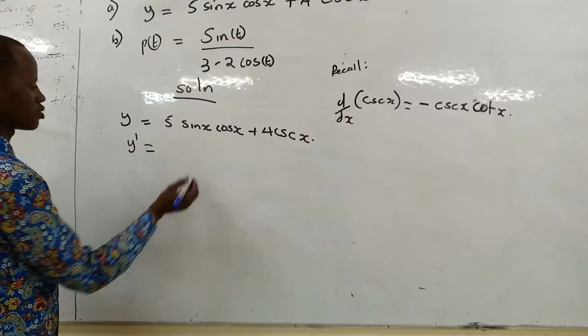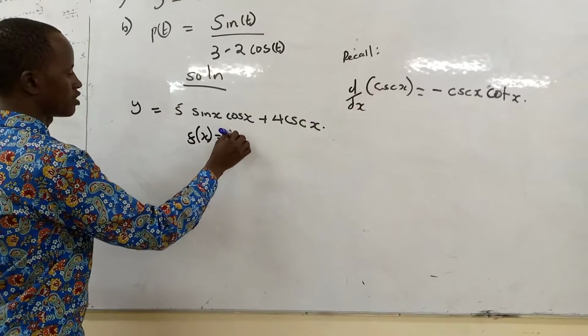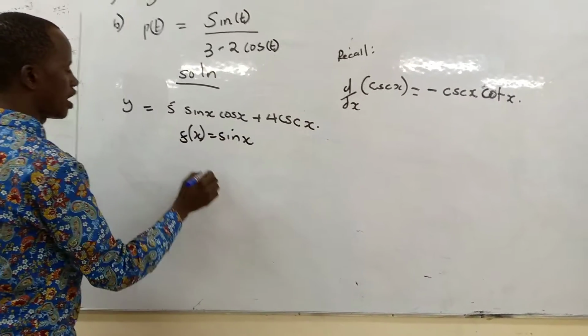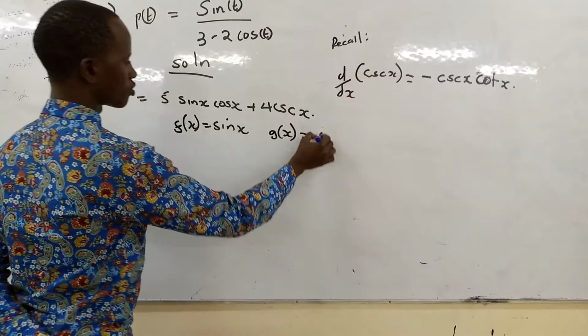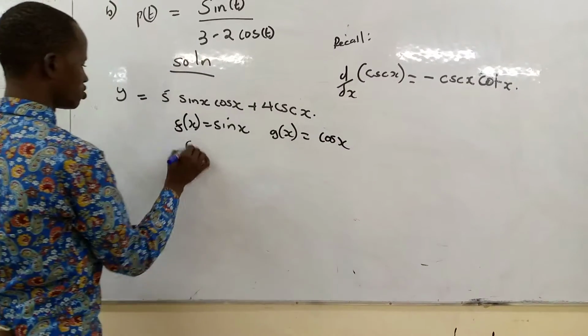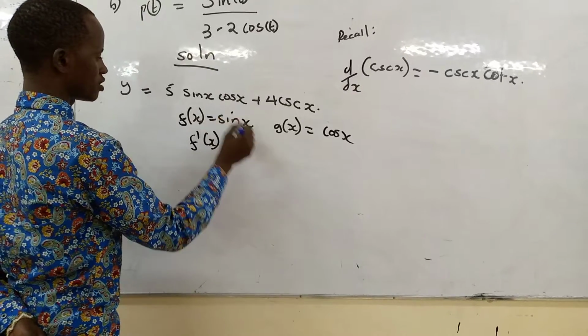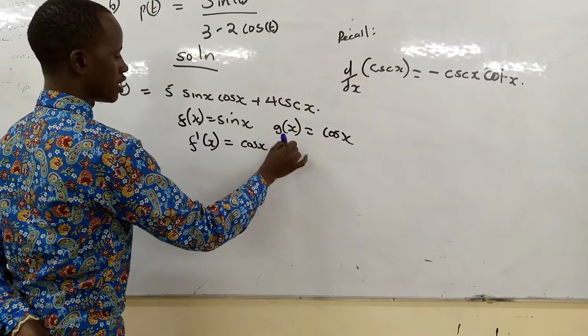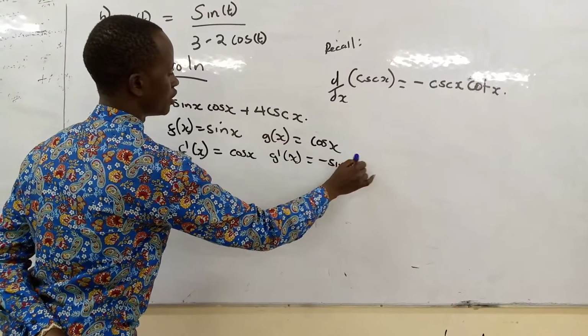So we start with this one. We define f of x as the sine of x, and g of x as the cos of x. So we get f prime of x, which is cos of x, and g prime of x, which is negative sine of x.